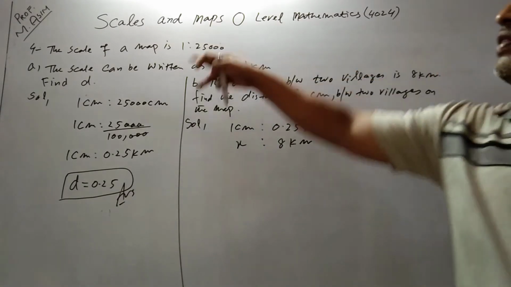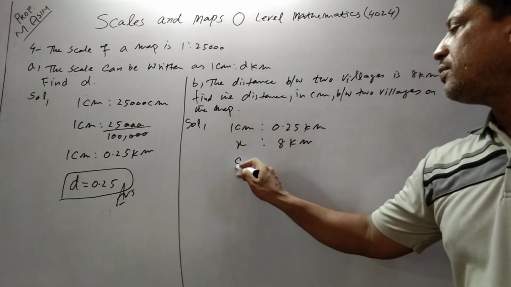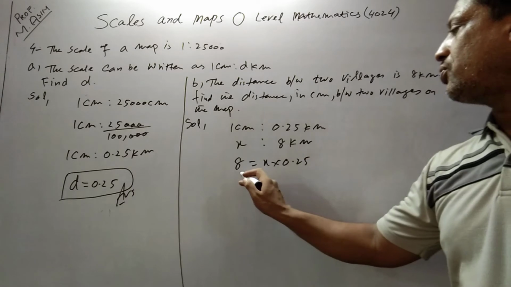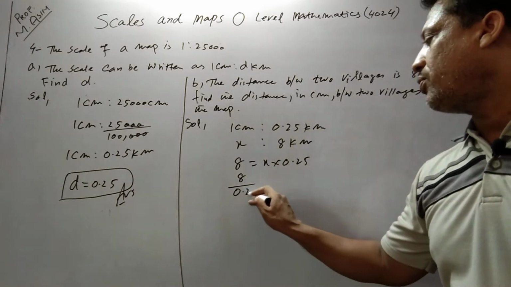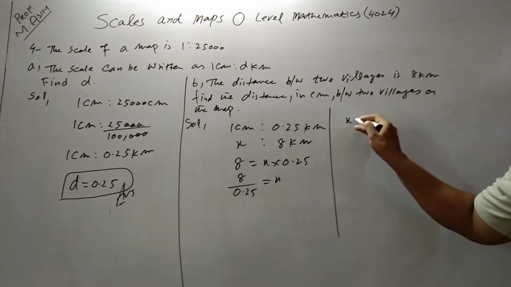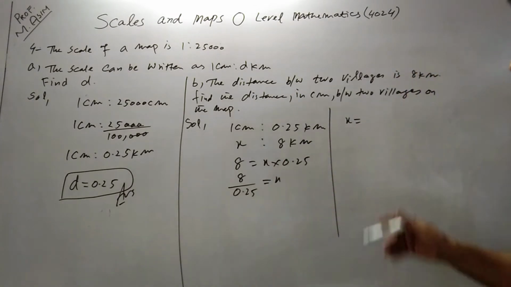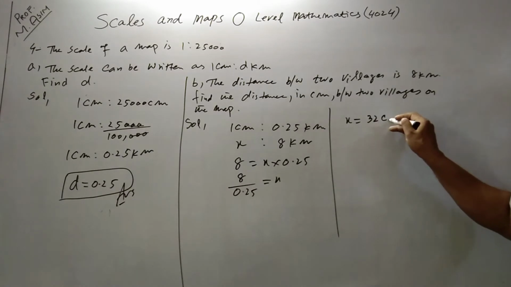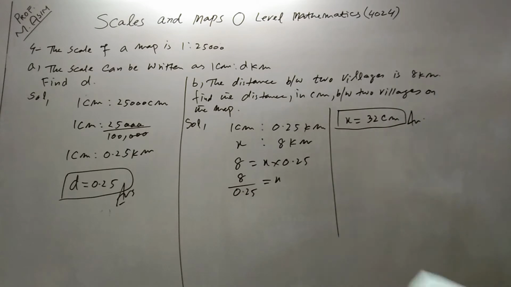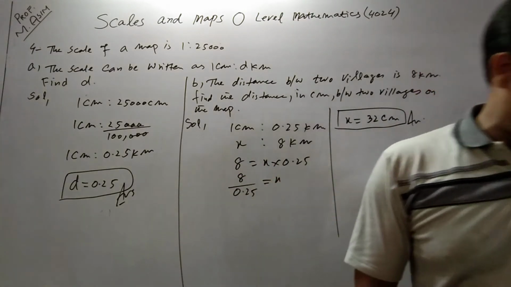When we do this topic, we always cross multiply. 8 times 1 is 8, x times 0.25. So 8 upon 0.25 is equal to x. So the answer for x is 8 upon 0.25, which is 32. So 32 centimeter is our answer. You can just check: 8 divided by 0.25.